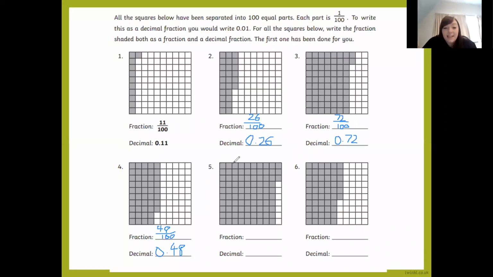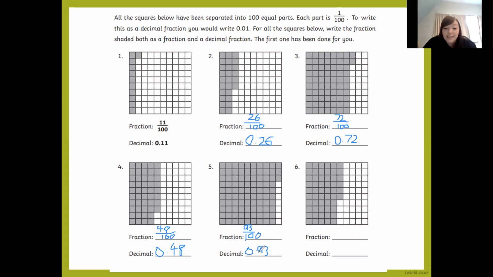Well done. Here we have 10, 20, 30, 40, 50, 60, 70, 80, 90, 93 hundredths, 93 out of 100 equal parts. And as a decimal, that is 0.93.